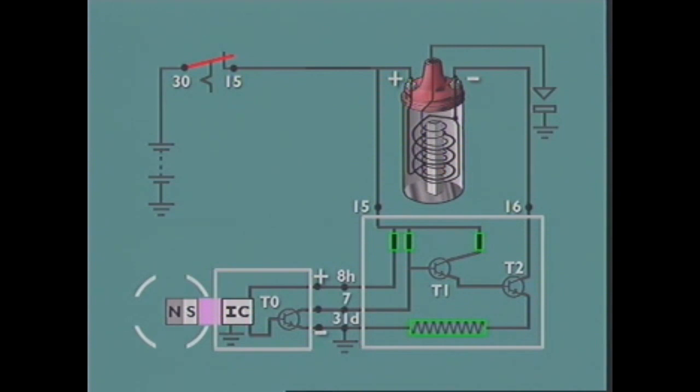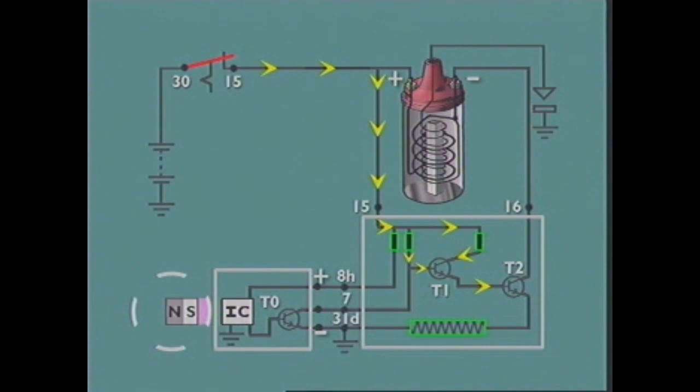This simplified diagram illustrates the principle of operation. When a blade is in position in the air gap, the whole generator and the IC are shielded from the magnetic field. The signal voltage is not switched and transistor T0 is off. The base of transistor T1 is positive, and a small current flow through the base emitter allows a heavier current to flow through the collector emitter.